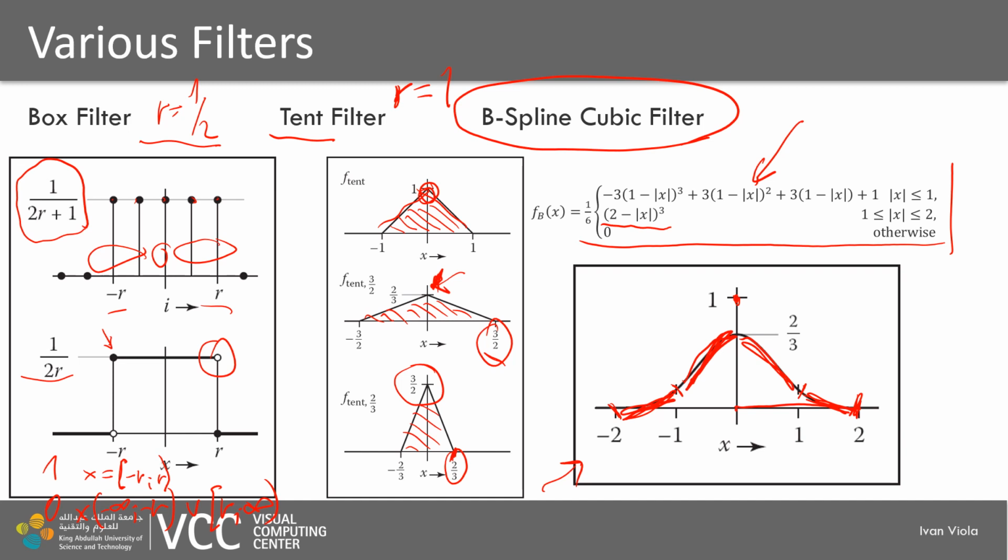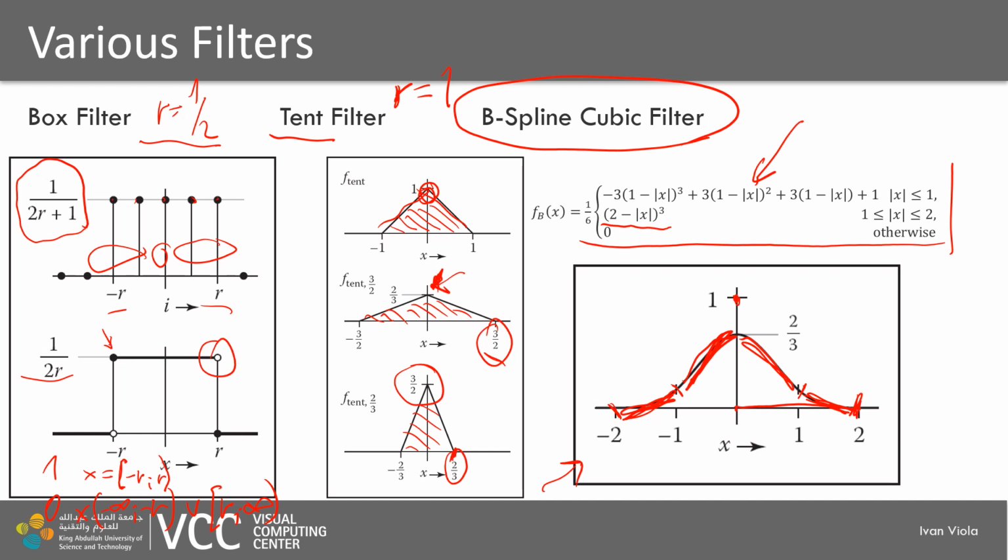This way we understand the correspondence between various filters, where one filter has a radius of 1/2, another has a radius of 1, and another has a radius of 2.